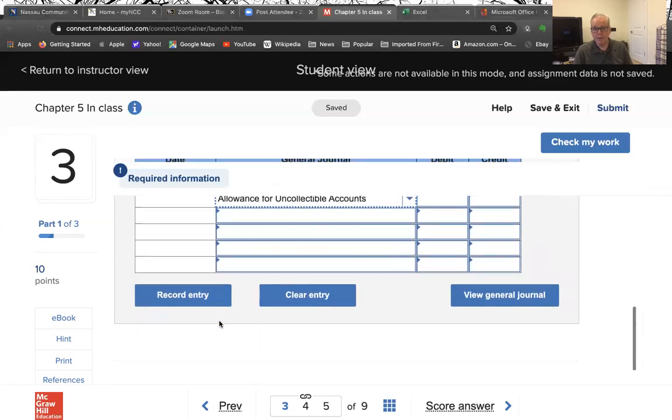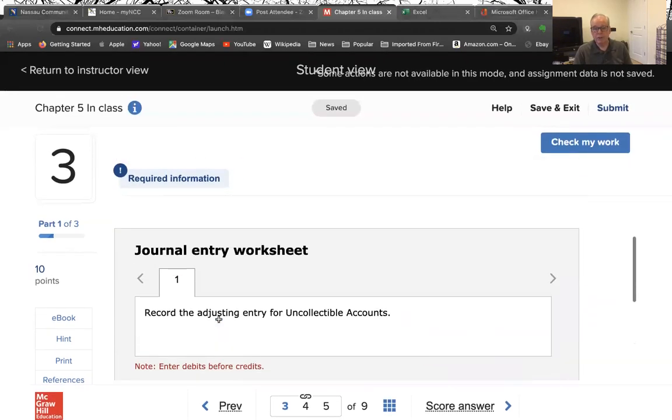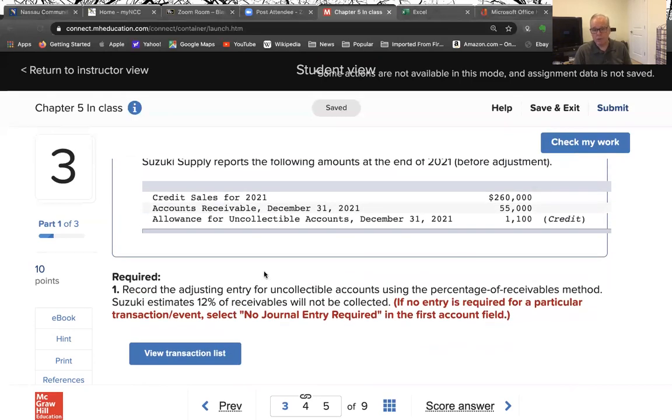But we're going to see that there's another part of the question where it may matter. Okay? So let's take a look at this. Record the adjusting entry for uncollectible accounts using the percentage of receivables method. Now, when we get to the next part of the question, there is also something called a percentage of sales method.